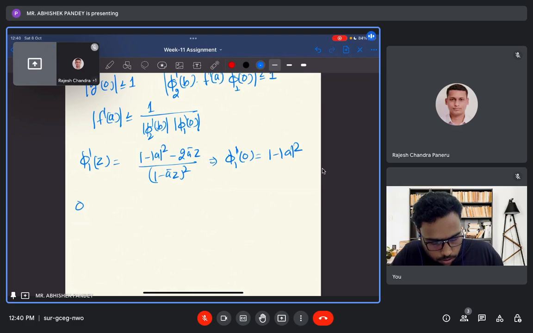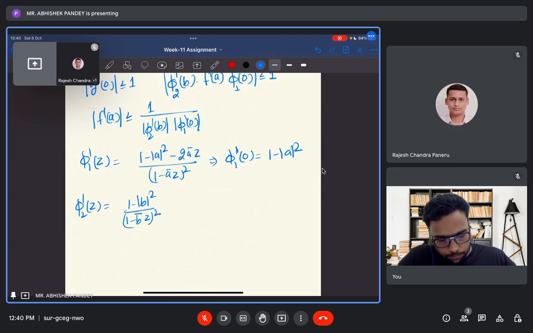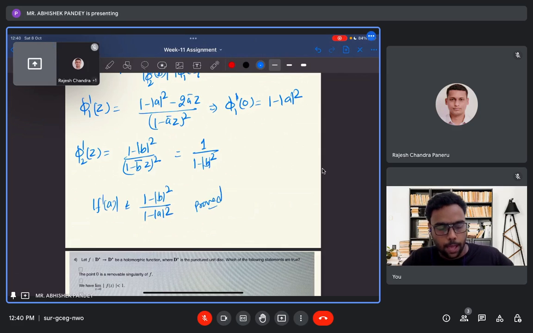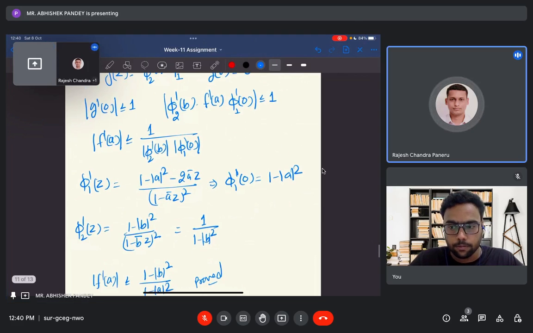Also phi 2 dash z is 1 minus mod b square upon the square of 1 minus b bar z, so phi 2 dash b is 1 upon 1 minus mod b square. Now it is easy to see that modulus of f dash a is less than or equal to 1 minus mod b square upon 1 minus mod a square. Is it clear? Yes, sir. Clear, sir. Okay.